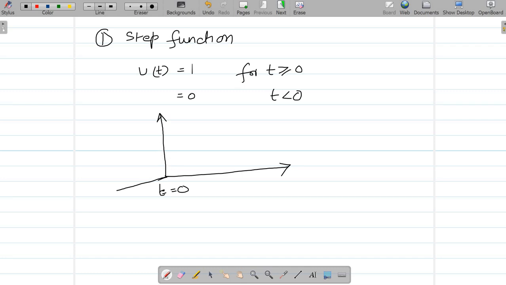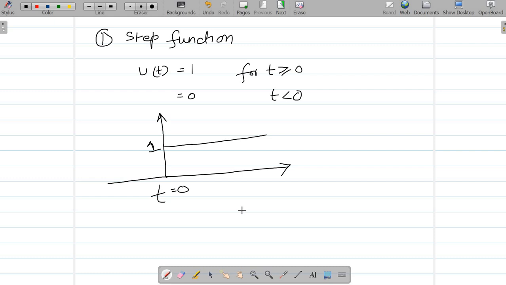And after t is equal to 0, it is going to have an amplitude of 1. So this is how the step function is modeled.